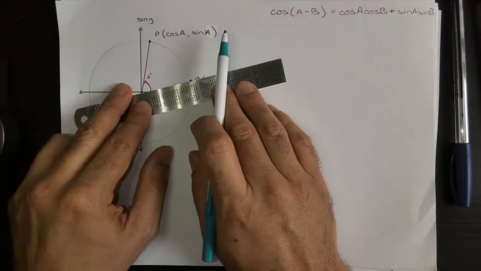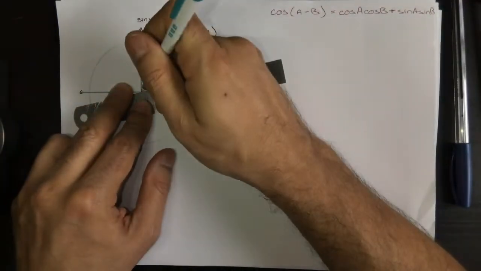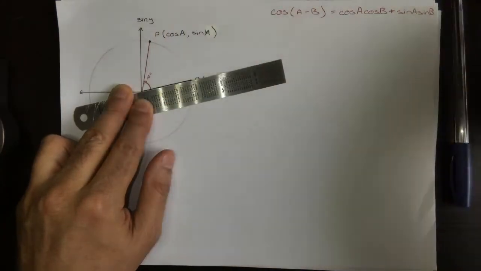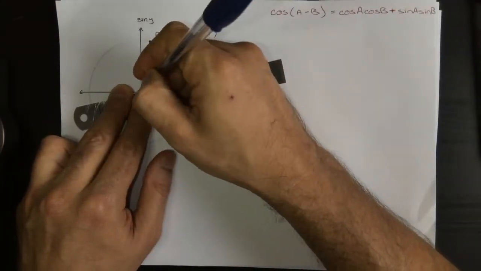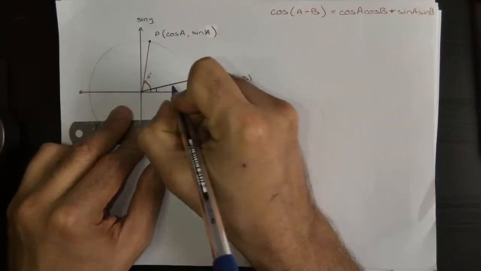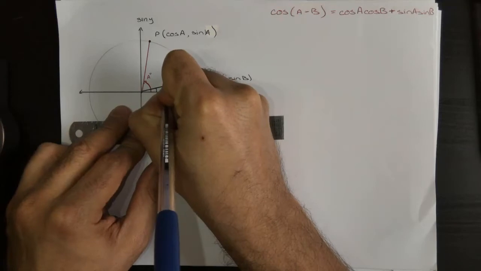And if I was to draw a line here, this angle here would be angle B.